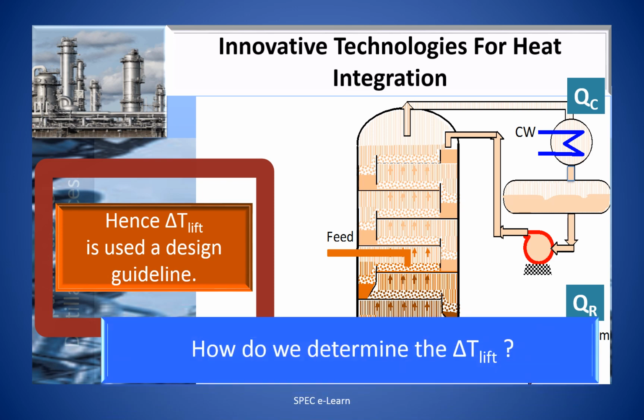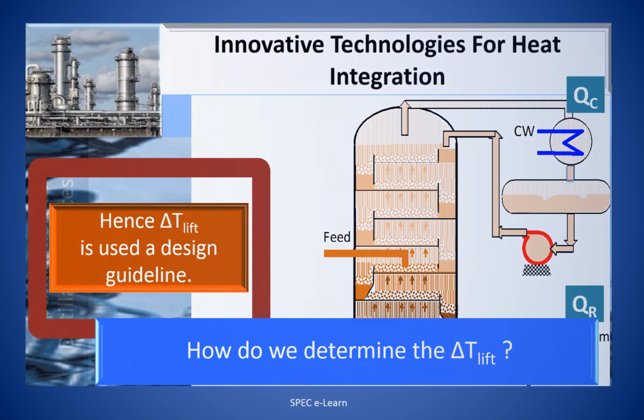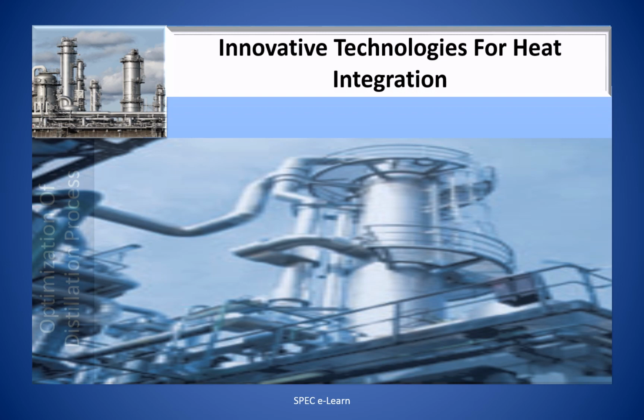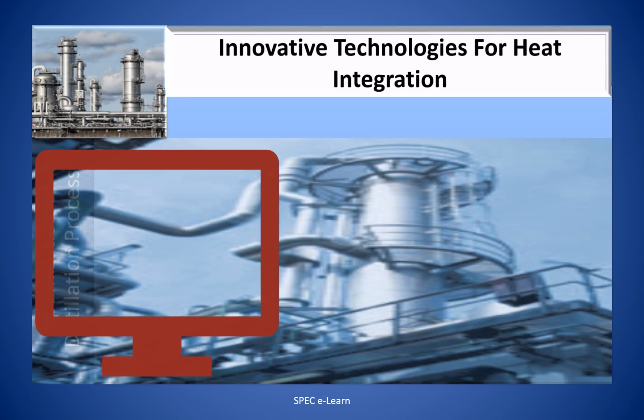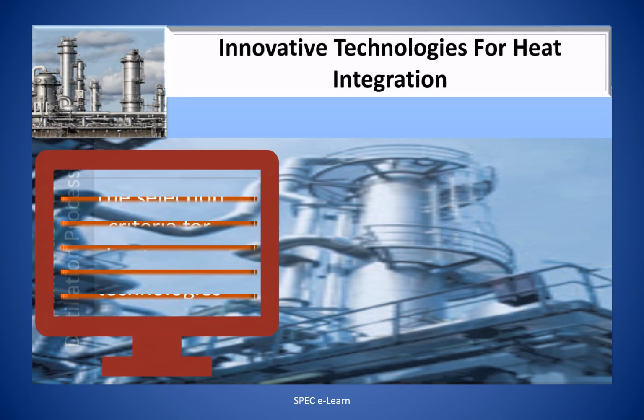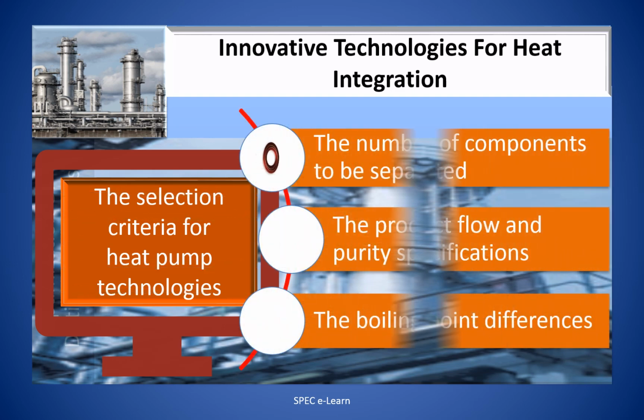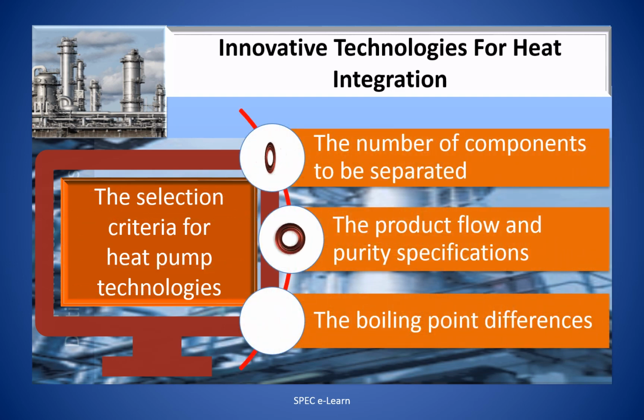How do we determine the delta T lift? Come on, let's move on to find out. The selection criteria for heat pump technologies include the number of components to be separated, the product flow rates and purity specifications, the boiling point differences of the components.